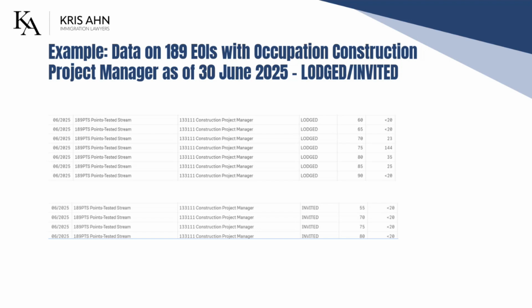So if someone says, I'm a construction project manager, and I don't know if I can get an invitation to lodge a 189 visa, but I really would like to, then on the last day of June 2025, because I have access to this data, I can see that at least 25 people had lodged a 189 visa for this occupation. So I wouldn't say it's not getting invited. It looks quite popular.